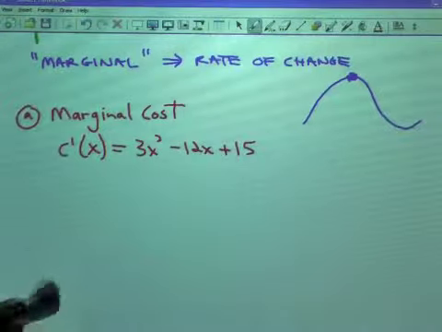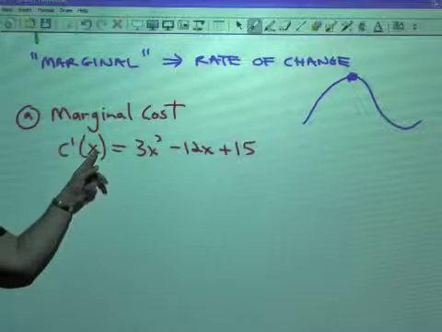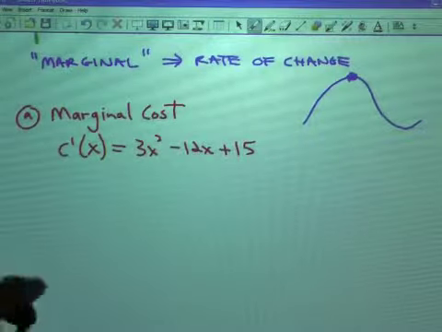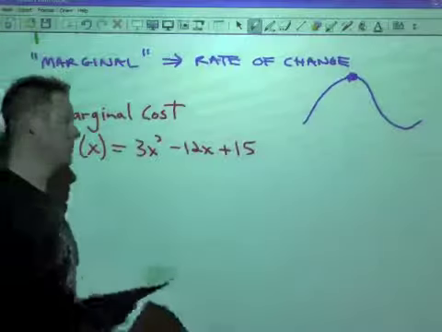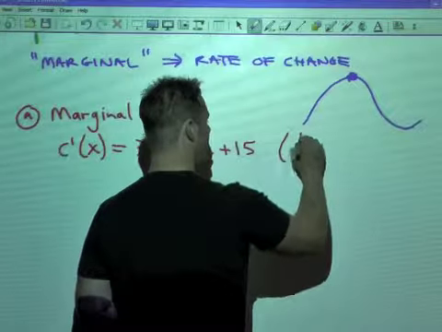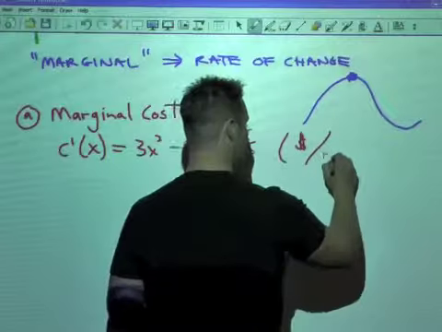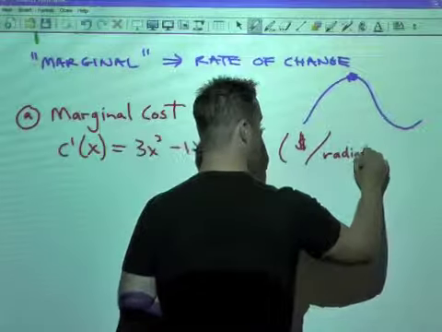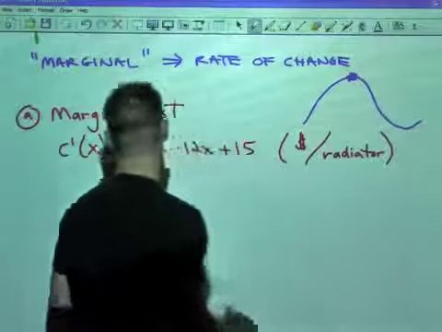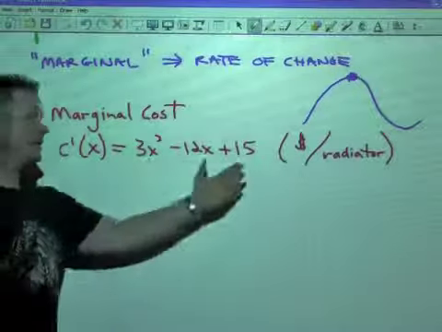Now the units would be units of cost per units of x. So cost units in this particular case were dollars. So the units here would be dollars per units of x, which remember was radiators. Okay. So the units on the marginal cost would be dollars per radiator.